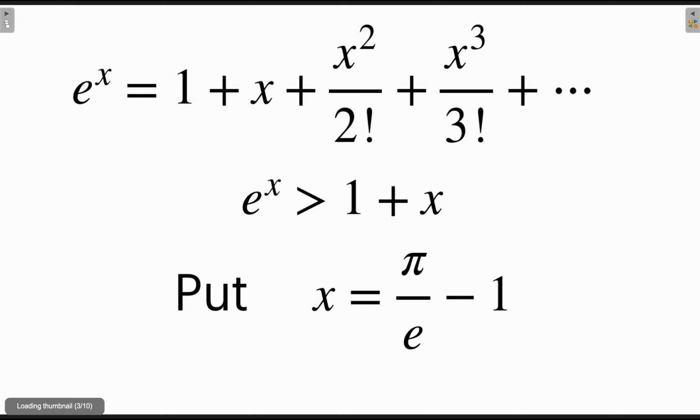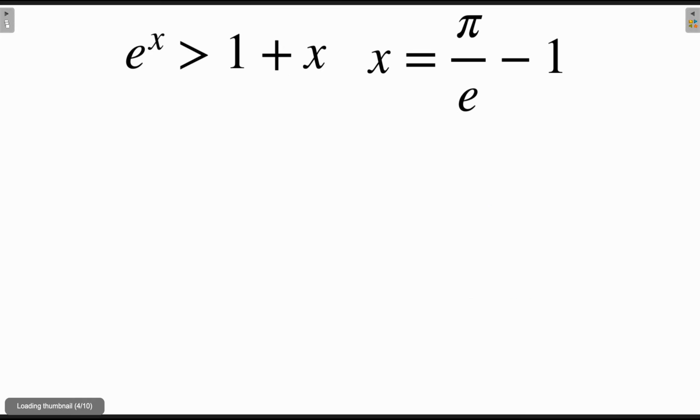So what is the next step? In this inequality, we will put x equal to pi by e minus 1. We just plug this value in and see what we get.